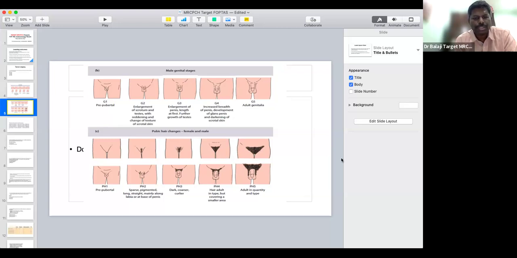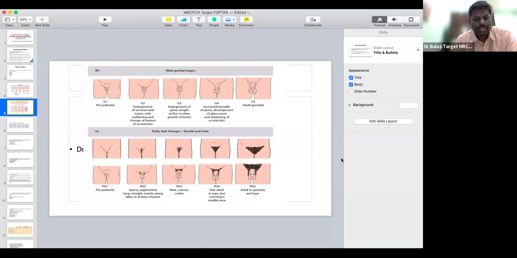In G2, it is mainly the enlargement of the scrotum and the testis, and reddening and change of the texture of the scrotal skin. Whereas the enlargement of the penis lengthwise is G3, in G4 it is breadthwise, and G5 will be the adult size. Similarly, when the comment is sparse hair, then it will be PH2.